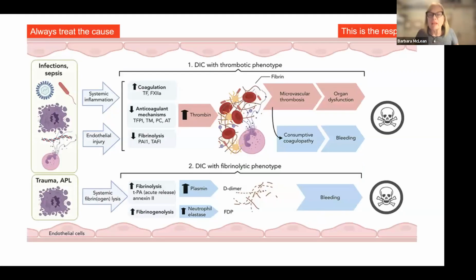Now, don't get nervous because there's lots of things going on here, but this is such a great visual that shows you at the end of this, your patient probably not going to survive, right? So what we're looking at here is infections, sepsis, other things that promote a broad inflammatory response.